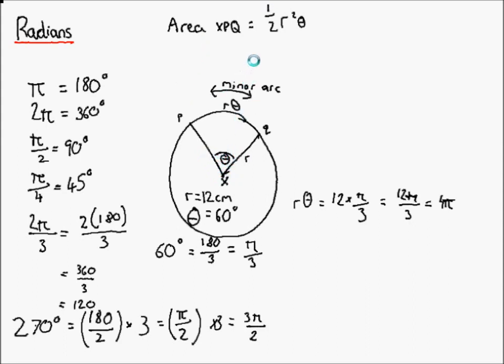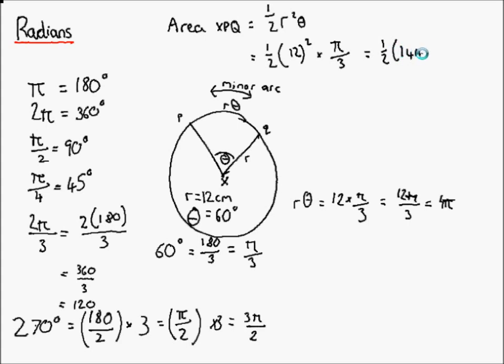So let's substitute the values in. It's equal to a half of r, which is 12 squared, times pi over 3, which is 60 degrees, pi over 3 radians. Then you get a half of 144, which is 72.